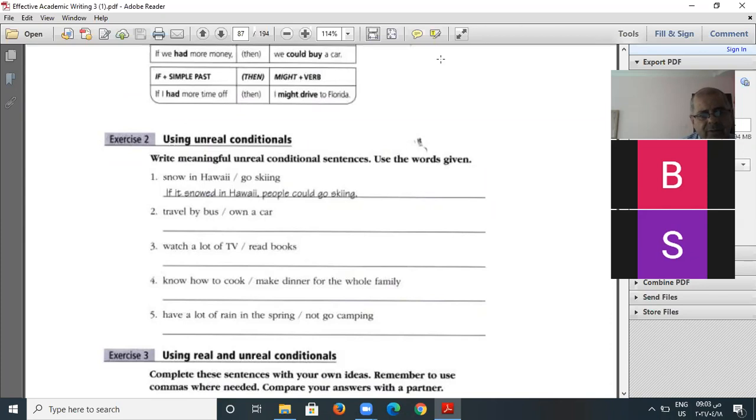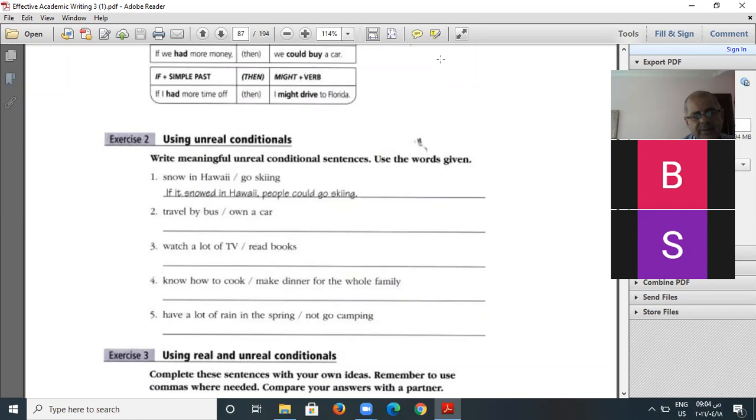I wouldn't travel by bus, without a comma, if I owned a car.